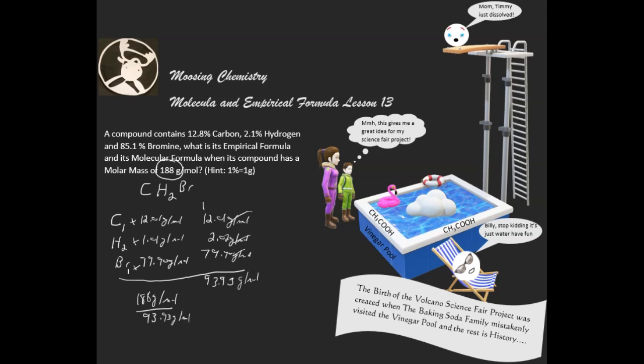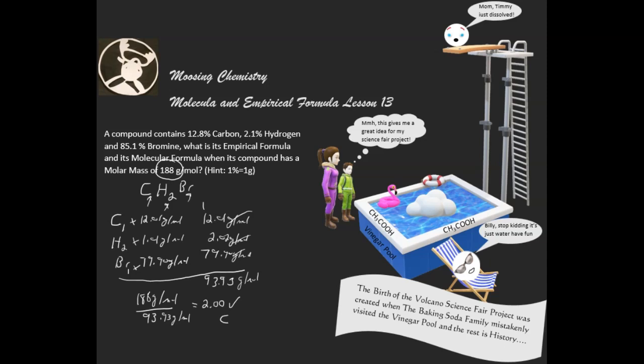Taking my calculator, we get 2.00. Pretty darn cool. So what does that mean? Well, we're going to take this 2.00 and multiply it into the carbon, into the hydrogen, and into the bromine to get the molecular formula.